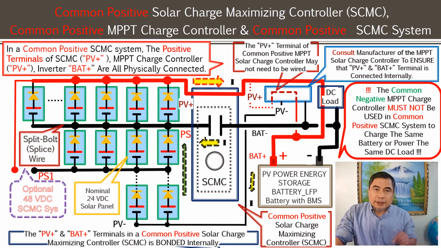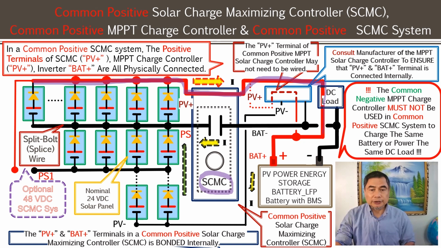So this is a common positive MPPT solar charge controller that is matching a common positive solar charge maximizing controller. It has to match. As you can see from here, PV positive is bonded, all connected to the battery positive terminal, including the inverter here.